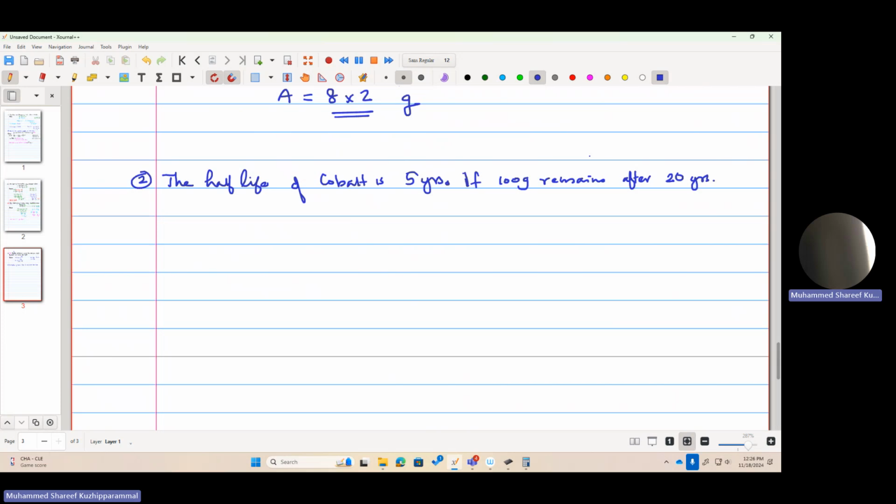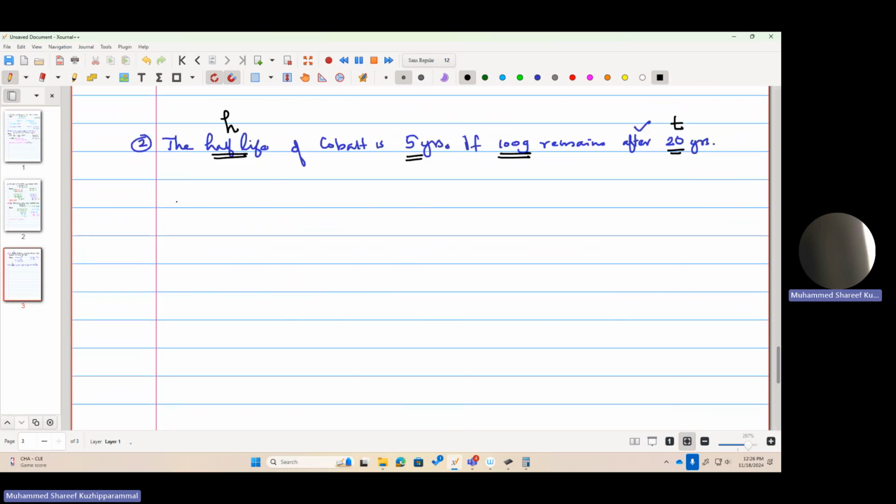It's not in the beginning, it's after 20 years. How much is that? 100 grams. H is how much? 5 years. So what's the question? How much was there in the original sample? Question is very clear, right?